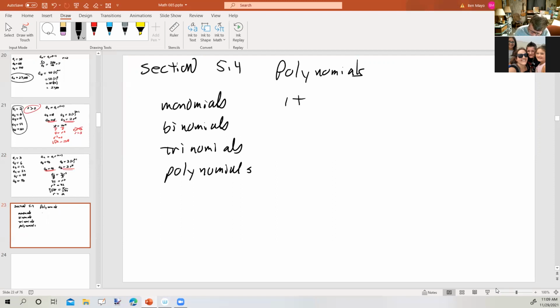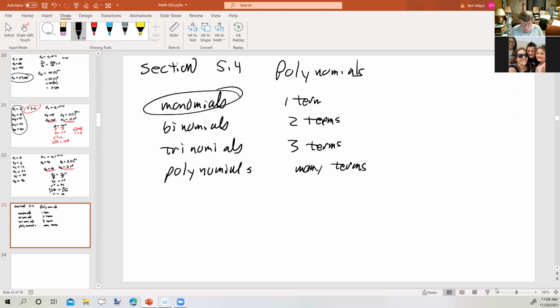Monomials, 1 term. Binomials, 2 terms. Trinomials, 3 terms. Polynomials, many terms. And we find that we can group all of the monomials, binomials, trinomials, etc., and call them polynomials. Technically, I don't think a monomial should be called a polynomial, but every book I've ever seen on math does that. So we'll just call them all polynomials.